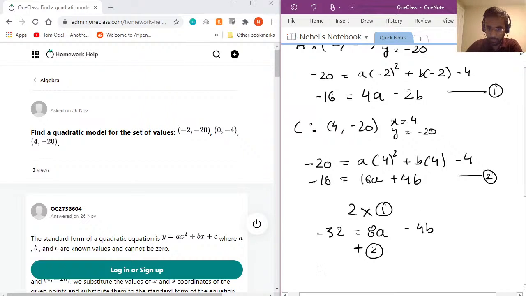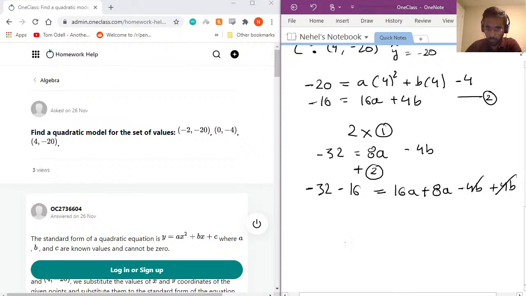Therefore, this becomes negative 32 minus 16 is equals to 16a plus 8a. Let me write the 8 better. Minus 4b plus 4b. So this way the 4b's get cancelled.